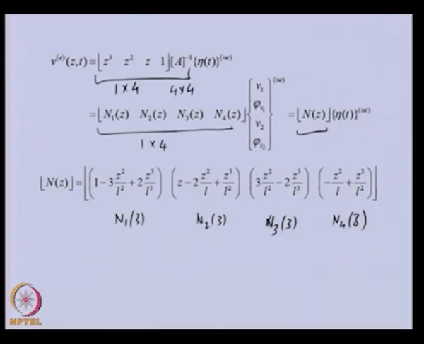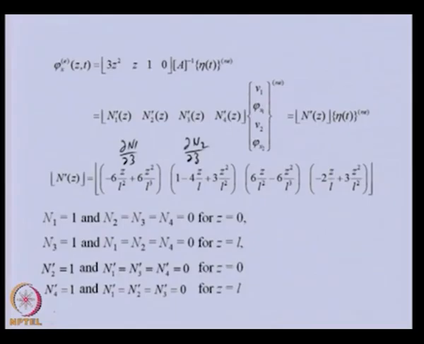Similarly, for the slope at z equal to 0, we will see that n2 prime will be 1, others will be 0. So, here n2 prime is 1, others are 0. Similarly, for z equal to L, we will have n4 prime as 1 and all other 3 terms will be 0.